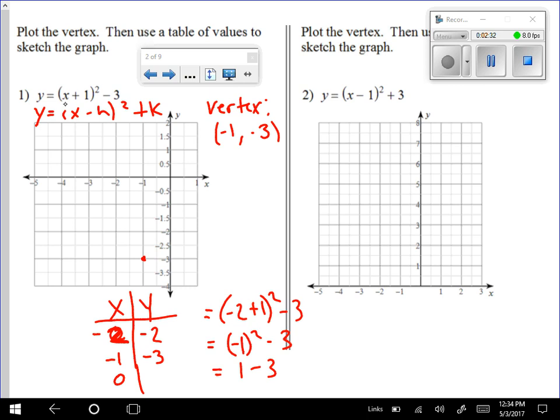So if I plug in 0, 0 plus 1 is 1. 1 squared is 1. Minus 3 would also be -2. Okay, so I could graph those 2 points. At -2, it's -2, and 0, -2.